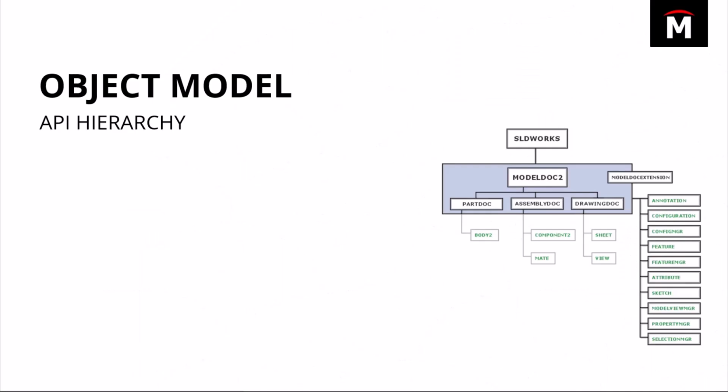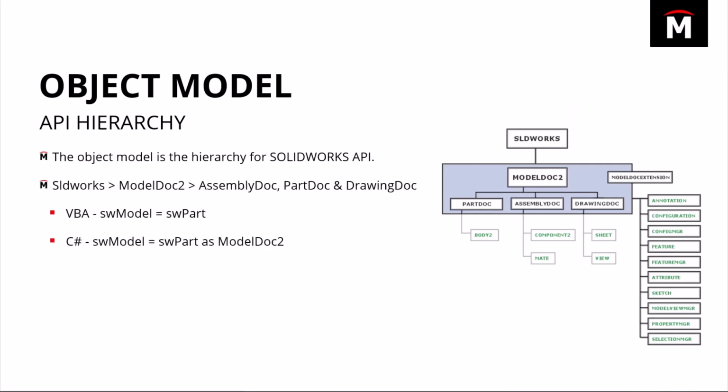When we refer to the object model, we're really referring to the hierarchy that makes up the SOLIDWORKS API. As you can see in the diagram to the right here, the SOLIDWORKS interface is the top level. We'll always have some pointer to that interface in order to interact with the SOLIDWORKS application. Second behind that is the ModelDoc interface, which really represents any type of document we might have open in SOLIDWORKS.